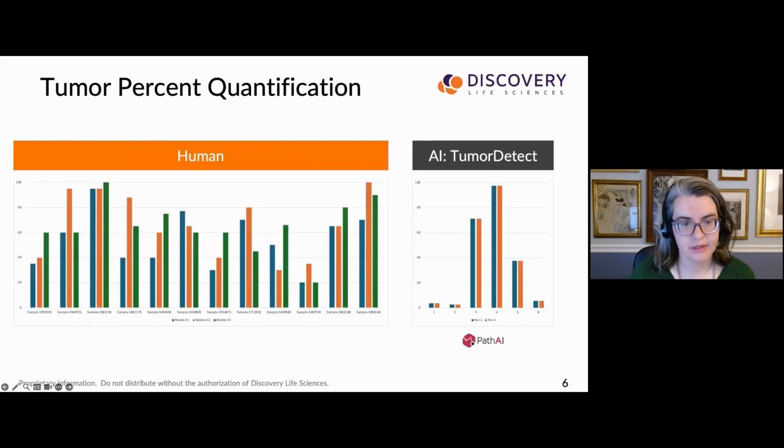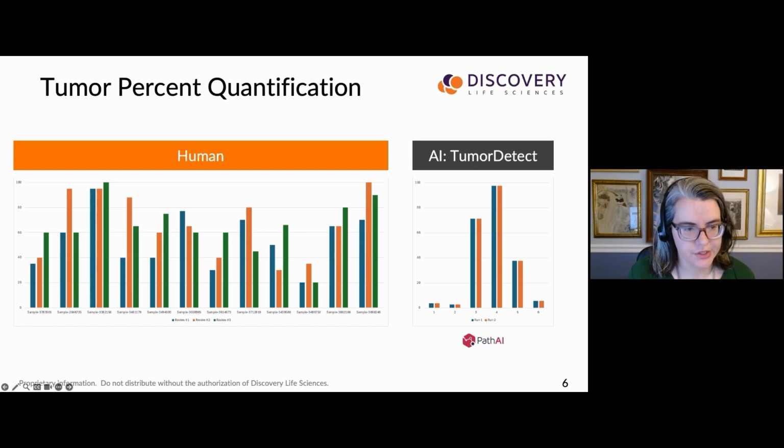And this variability in human tumor percents is something that we've seen internally for the decades that we've been in biobanking. FFPE is one of the many sample types Discovery has in our commercial biobank. What I'm really trying to show with this graph is that even though the human pathologists are giving us a number, it's still fundamentally a qualitative observation.